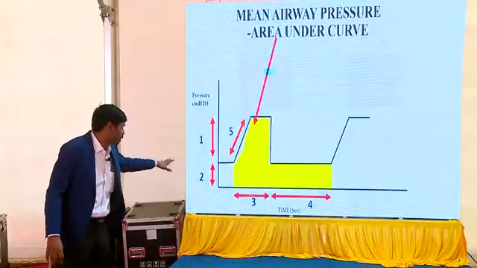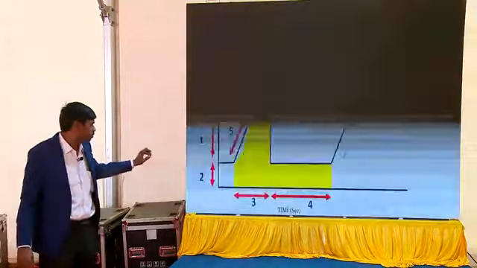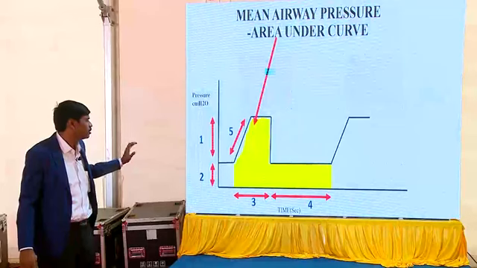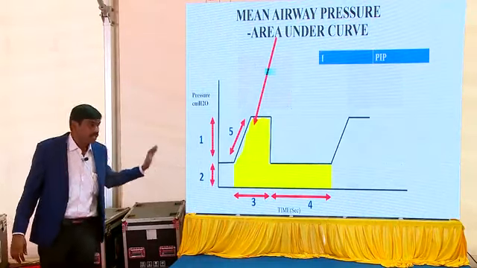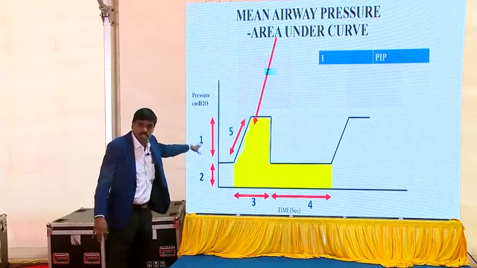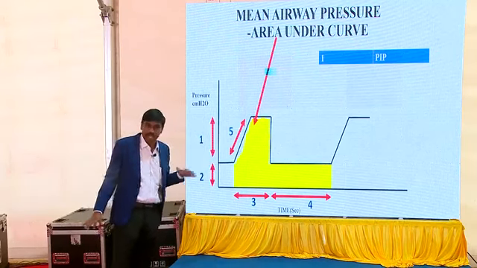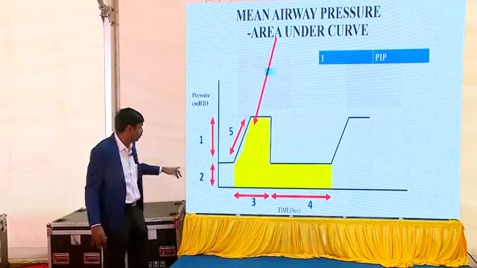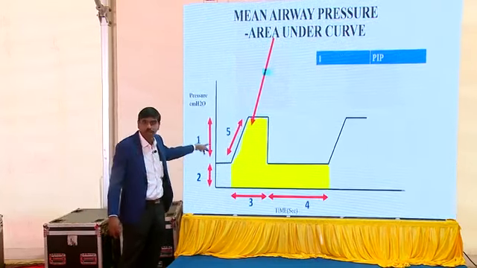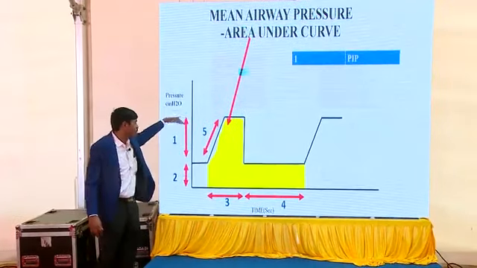Yeah. So coming to this slide here. This is a pressure time loop. Pressure is on the y-axis, time is on the x-axis. Let's keep it interactive. What is this 1 here?